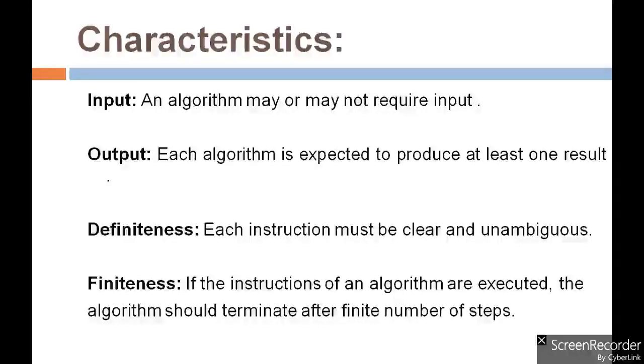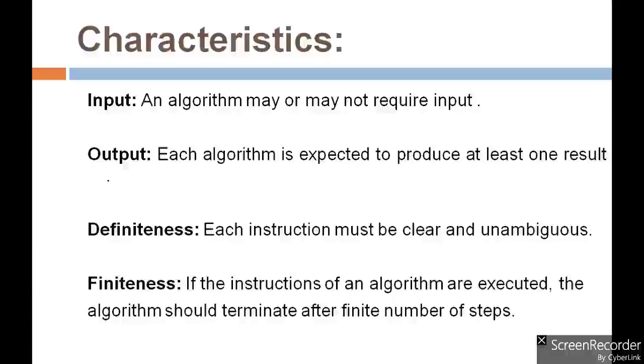In some problems it is required that the user should provide some input data, or in some other programs it is not necessary that the user provide any input. Then second one is output. Each algorithm is expected to produce at least one result. That means a problem should generate some results, right? So we can say that an algorithm is expected to produce some result at least.